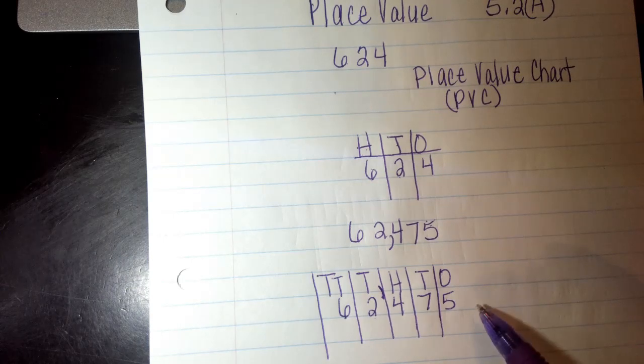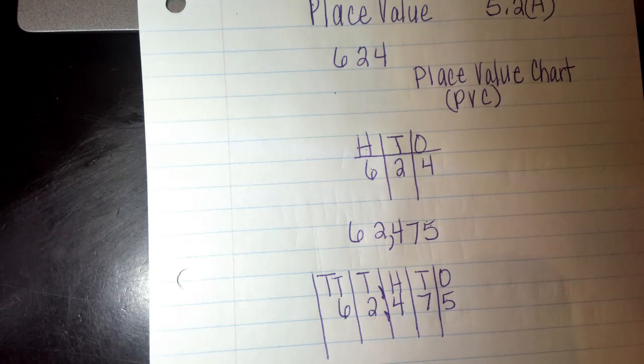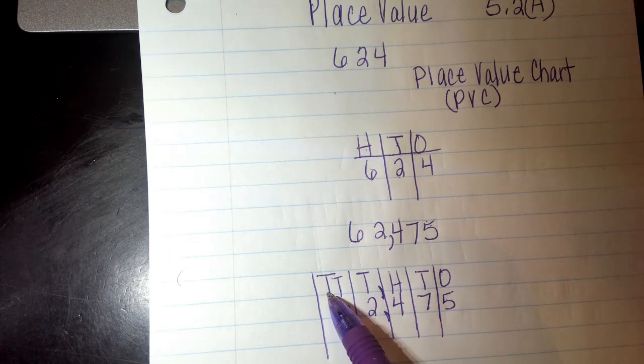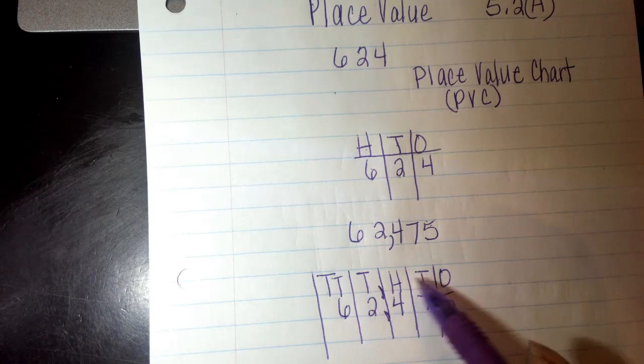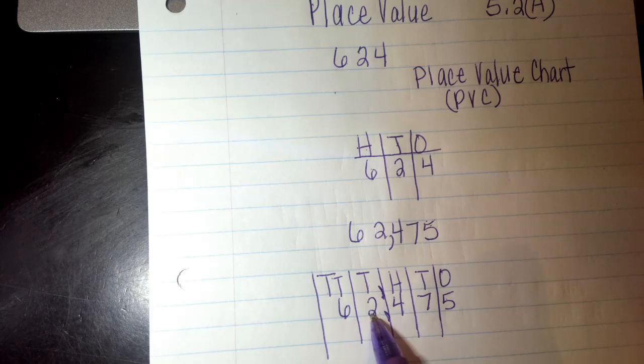Okay, so we would say this number ending with the period. So we go 62,000, so 62,000s, and then 475. We wouldn't say 62,475 because we don't need to say "and" here. We want to keep our number together. So 62,475.